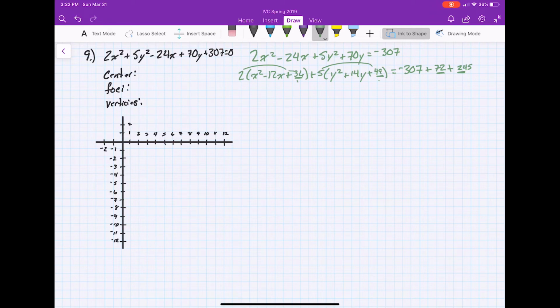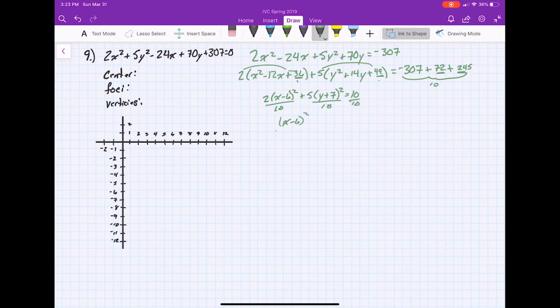And there you go. If we combine all this on this side, we're going to get 10, which works out nicely for us. So now we can factor all this down to 2 times (x minus 6) squared plus 5 times (y plus 7) squared equals 10. Divide everything by 10, so we get 1 on the outside there, and you will get a leading coefficient of 1 in front of both of these.